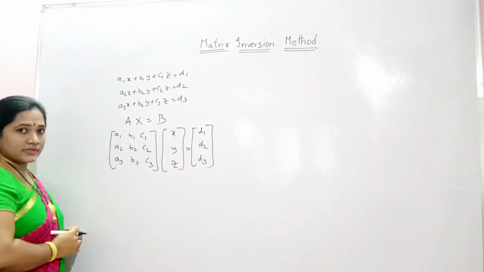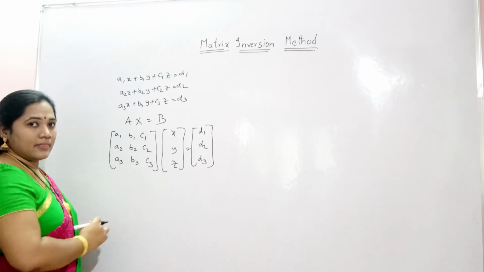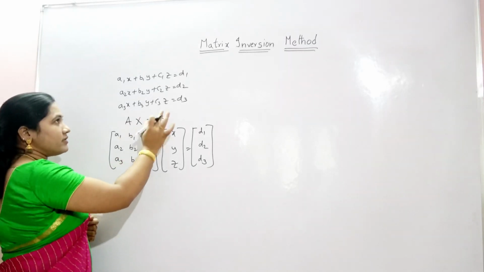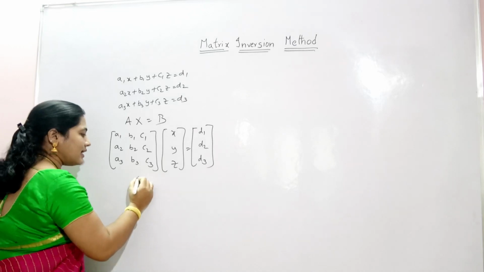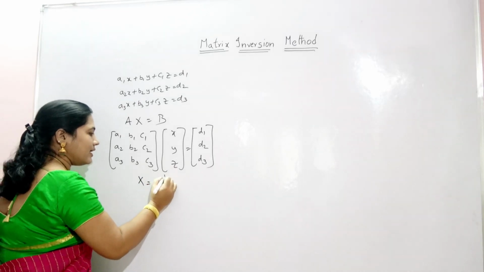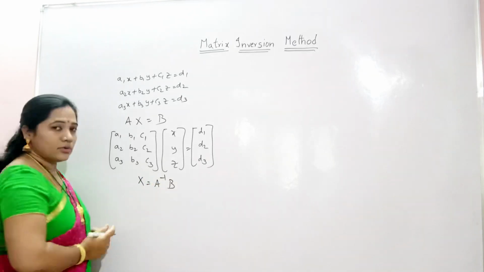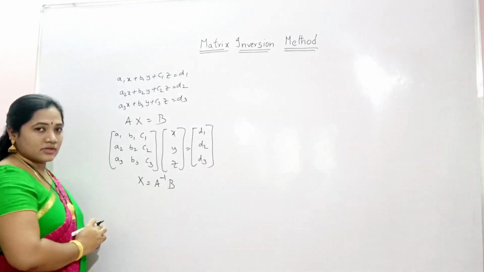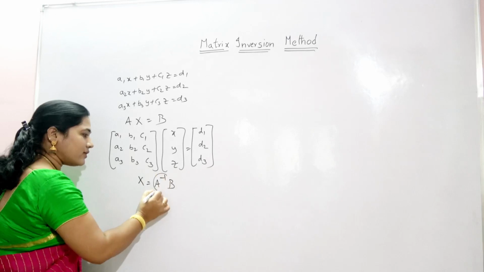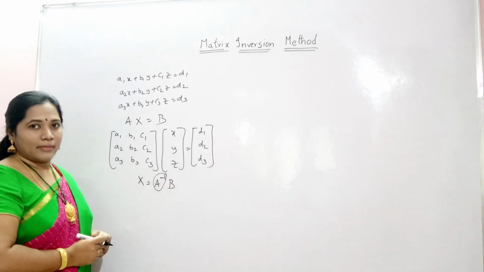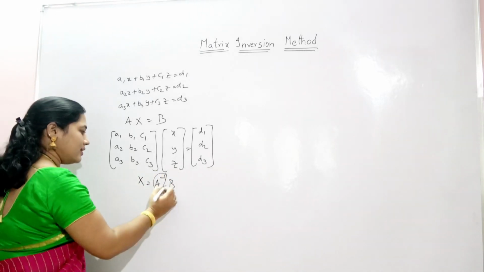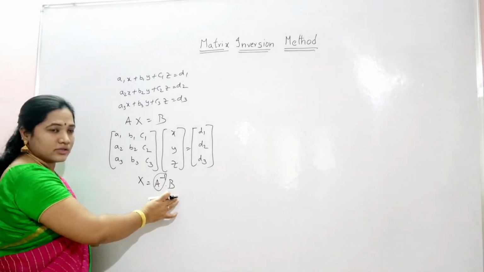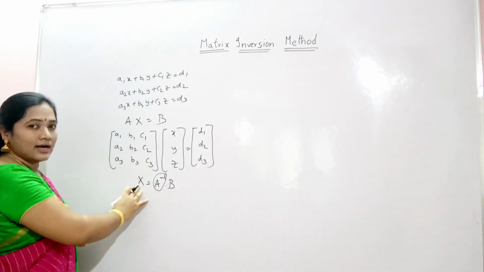This is the representation of linear equations in matrix form. The working rule for the matrix inversion method is X equals A inverse into B. This is the formula used to find the unknowns. First you should know how to find the inverse of a matrix. After getting the inverse, you multiply it with the constant matrix. Then you will get the unknowns.